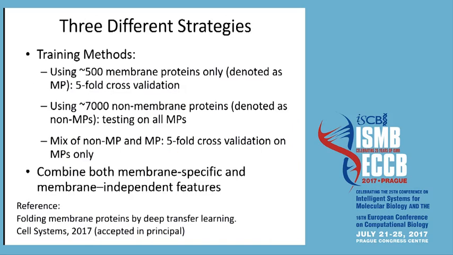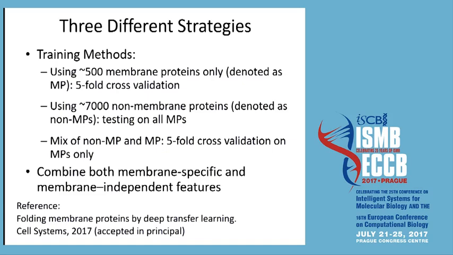Then we experimented with 3 different strategies to train our deep learning model. The first strategy is to use only the 500 membrane proteins to train our model, with 5-fold cross-validation. The second strategy is to use only non-membrane proteins to train our model. We remove redundancy, that is sequence similarity, between the non-membrane proteins and the membrane proteins by sequence identity and also by E-value.